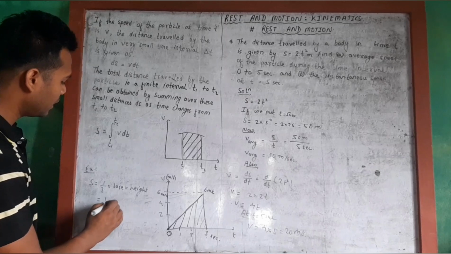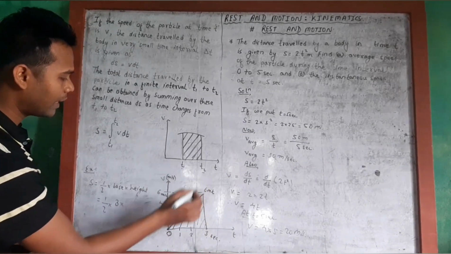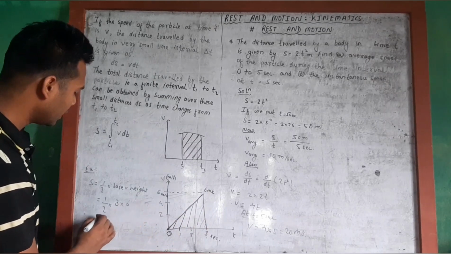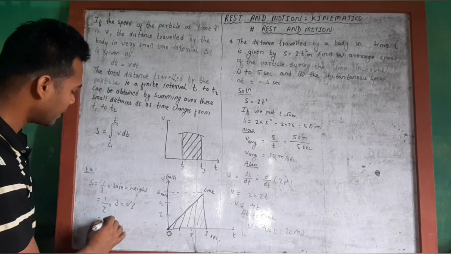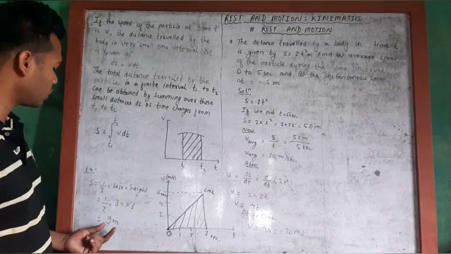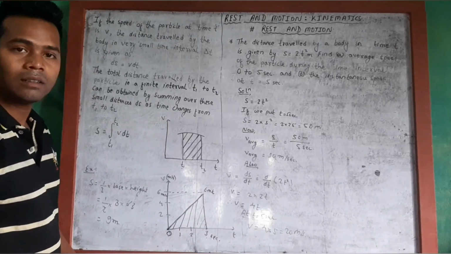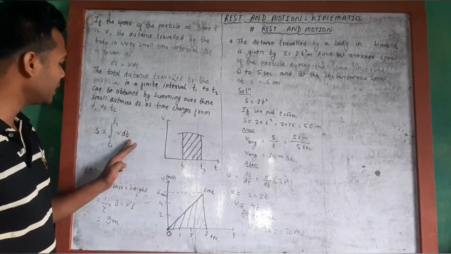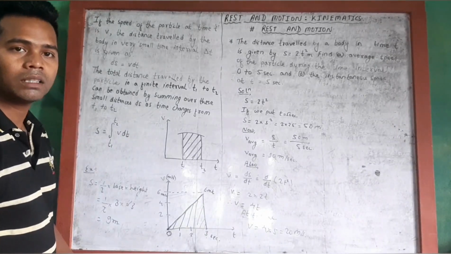Here the base is 3 units and the height is 6 units. It will give half into 3 into 6, which is 3 into 3, 9 meter. Therefore, the total distance traveled by the body is 9 meter. In this way, by integrating, we can obtain the total distance traveled by the body.